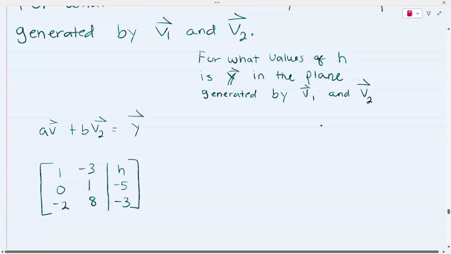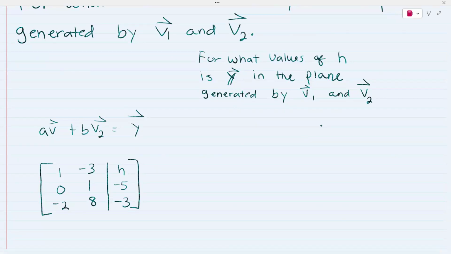What we want is to get 0 in place of this 8, and make this -3 a 0, and hopefully we can find our h.